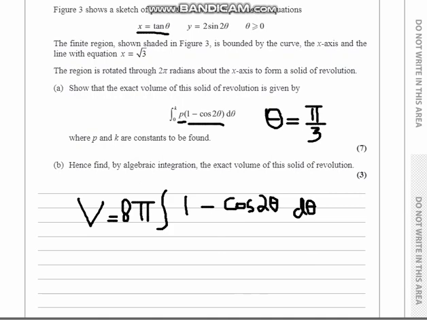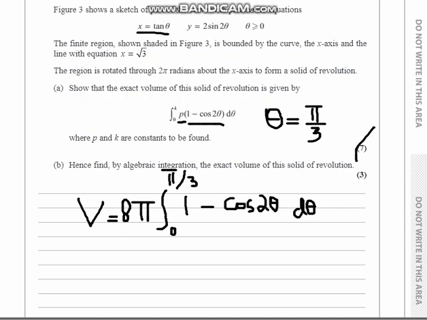It has taken shape. The last thing is the constants to be found. The lower limit was 0, the origin, and we found that our theta is pi upon 3, the maximum, when x equals root 3. So our p value will be pi upon 3, and there you go guys, 7 marks easily scored.